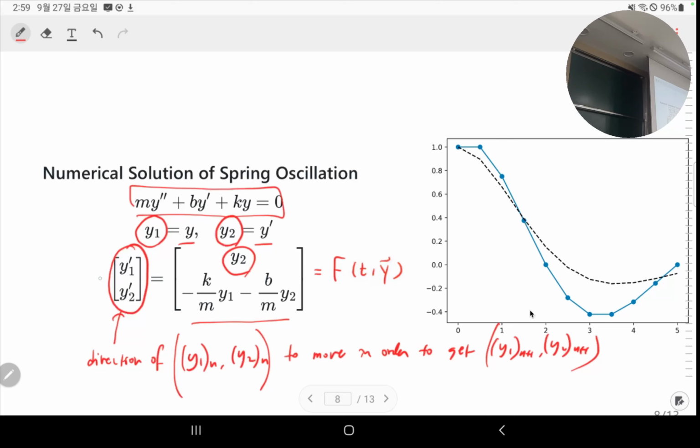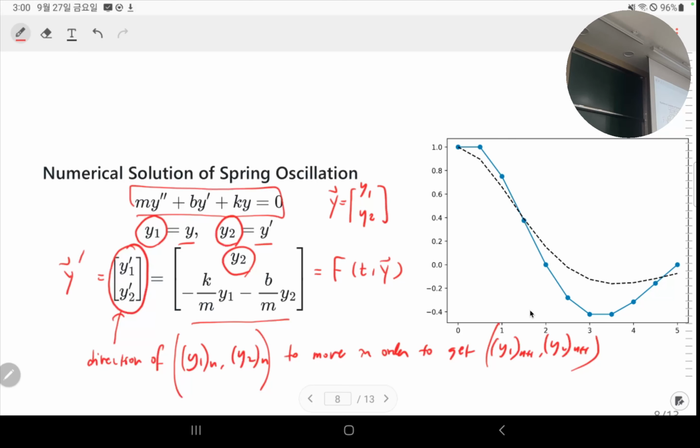So here I'm going to write y1, y2 as the coordinates of the y vector. So you can write y prime equals f of t, y. The same formula we described in the Euler method and Runge-Kutta method. So you can just plug your situation in here to get the numerical solution.